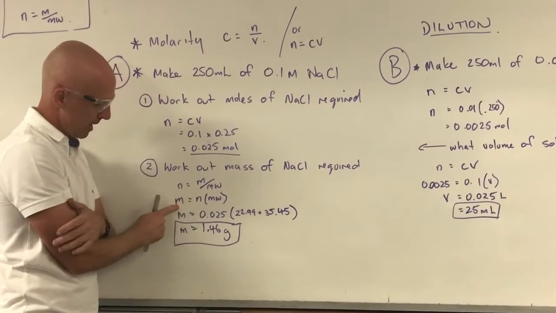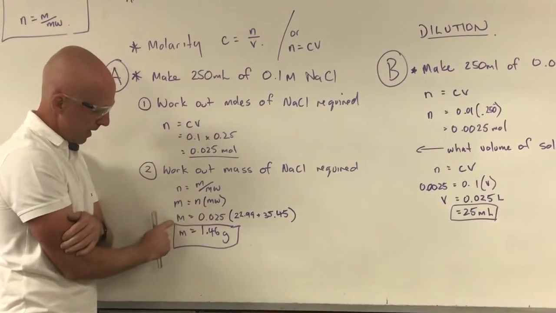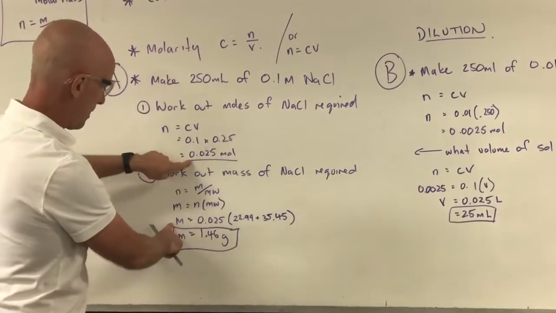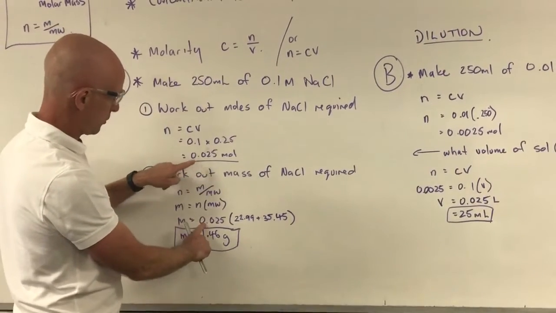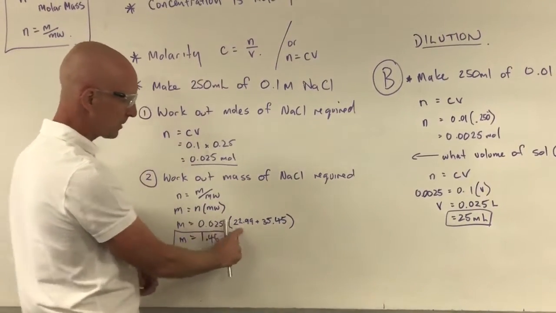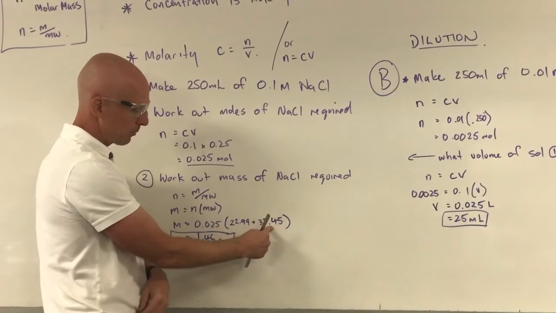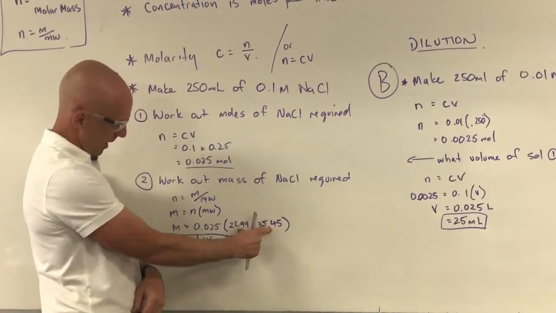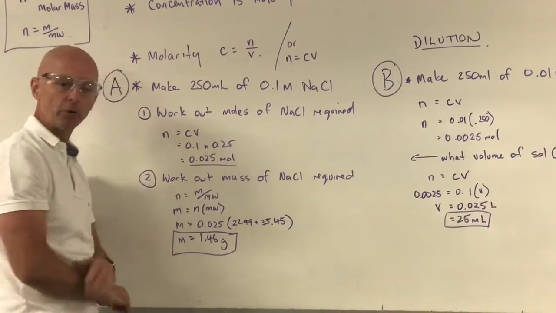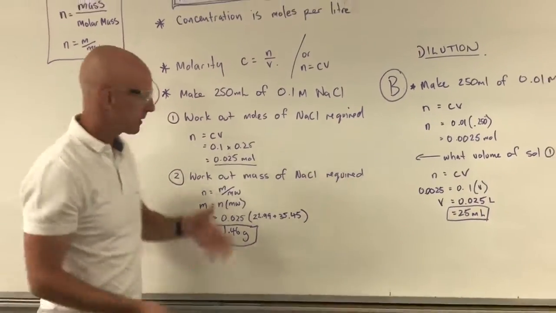Rearrange it for mass. Mass is number of moles times molecular weight. And we have the number of moles here, 0.025, timesing it by the molecular weight of sodium, which is 23, and chlorine, which is 35. And we end up with a mass here of 1.46 grams. So that's the maths behind it.